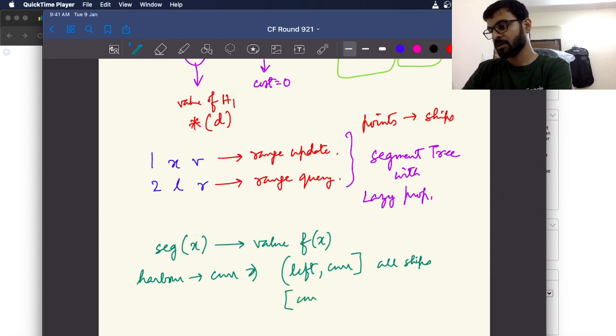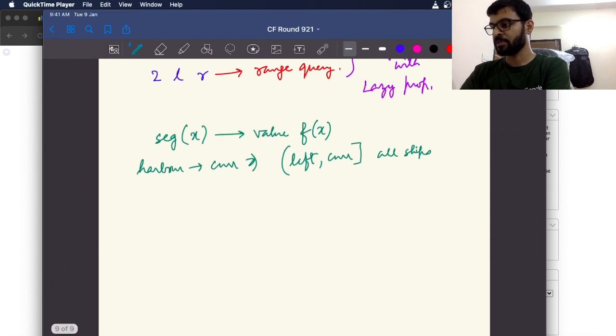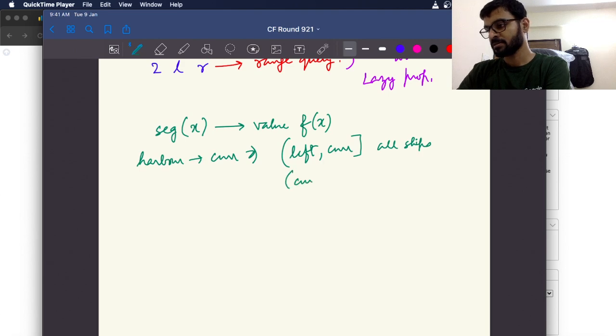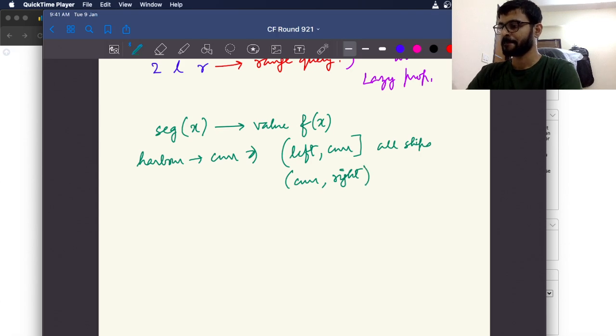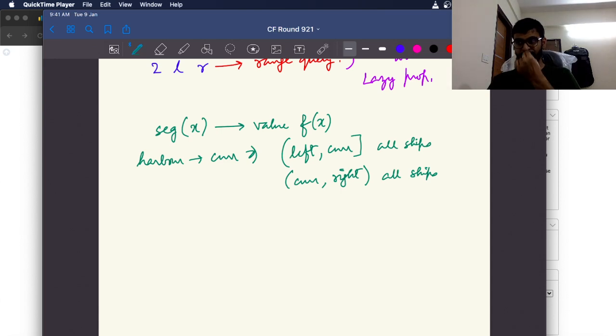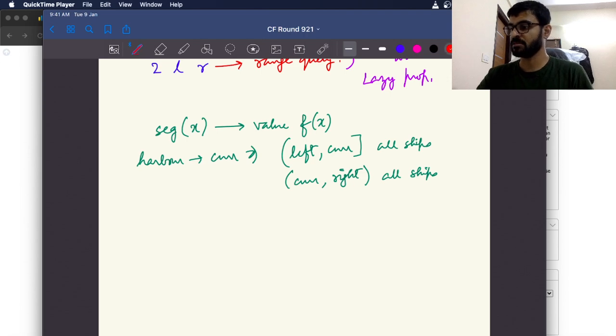And from the car to the right, I mean, it can be closed or open-ended, doesn't matter, all ships will consider this as their left. So now what should we do? Whenever any of those comes, I can use an algorithm.